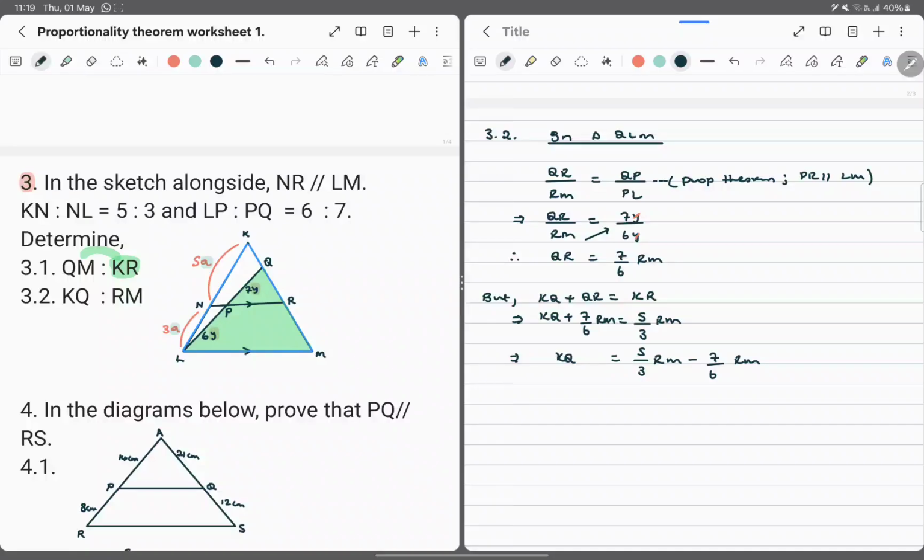Now, tell me which one is bigger between 5/3 and 7/6. Just look at the distance between the two. From 3 to 5 we've got 2 units. From 6 to 7 is just 1 unit. So this one is smaller. You can even put it on the calculator if you are not quite sure. But now what I know is that definitely this is a smaller ratio.